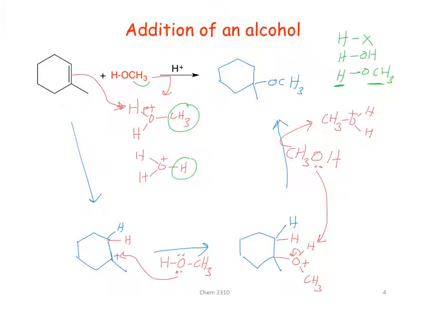So notice this is following just the same mechanism. The only difference is that now our nucleophile is neutral instead of having a minus charge, we end up with one more step in our reaction. We just have an acid-base step to give us our final product. Don't you remember me telling you when we were talking about acid-base chemistry that we'll see it often throughout this class? So when we see it here, we should just go, oh, that's only acid-base chemistry. We know how to do that, right? Straightforward and simple.